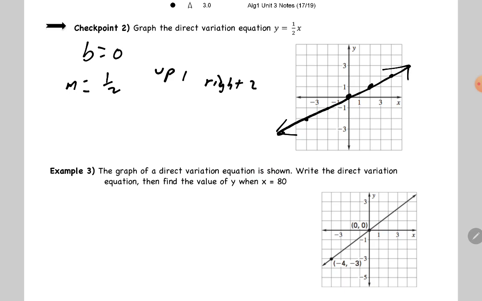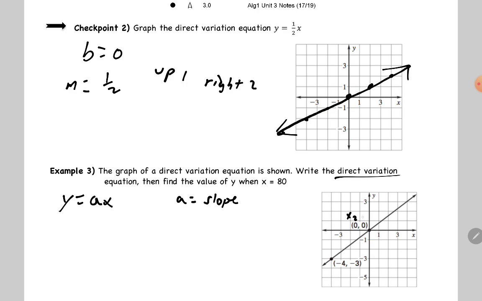Next, the graph of a direct variation equation is shown. Write the direct variation equation. Since they tell us that it is a direct variation, y equals ax. They give us 2 coordinates, so we can find out what a is, because a is the slope in this case.